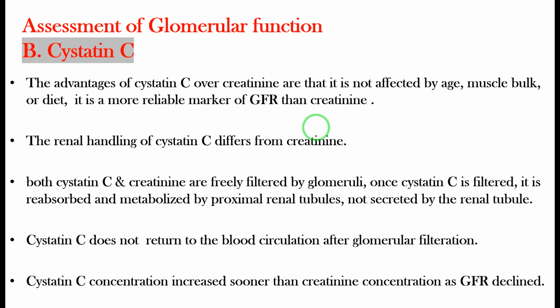The other marker that can be used to assess glomerular function is the plasma cystatin C concentration. We take a blood sample and we measure the level of cystatin. It is better than creatinine because it is not affected by age. It is not affected by the muscle.